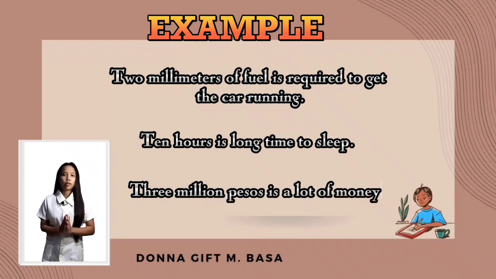In subject-verb agreement, countable nouns can take both singular and plural verbs, while uncountable nouns take only singular verbs. As you can see in our examples, each countable noun has a count with it, like 2, 3, and 10. That is why we use a singular verb.